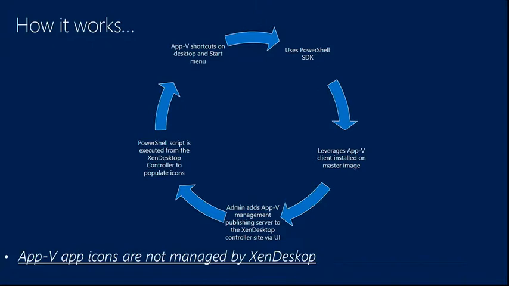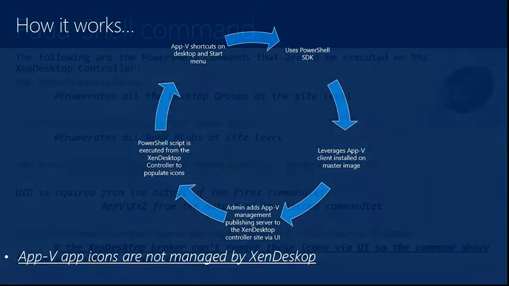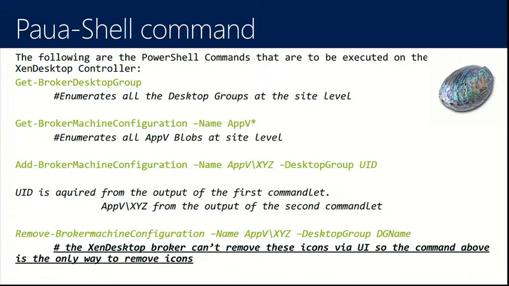That's pretty simple. We do it from PowerShell. This is all done directly from the controller, which is a nice thing. You don't have to go and bother your AppV guide because your icons didn't appear. Because we're querying the controller and we're using the SDK, we can make that connection to restore the user's icons using a PowerShell script, just like this. The first thing we do is enumerate a Get-BrokerDesktopGroup.